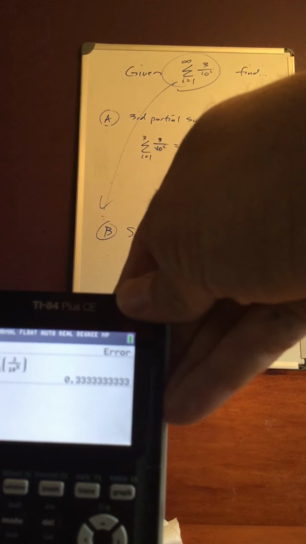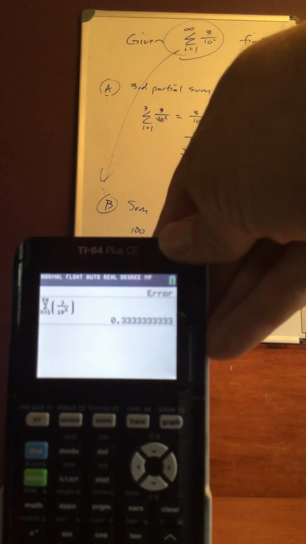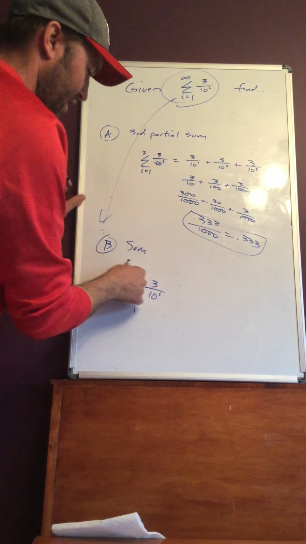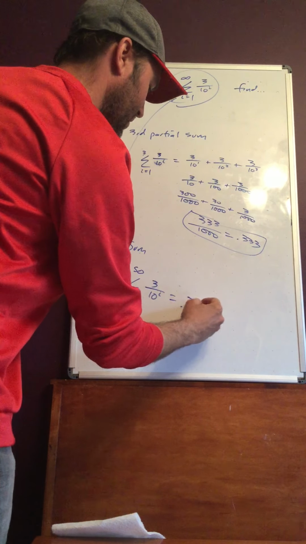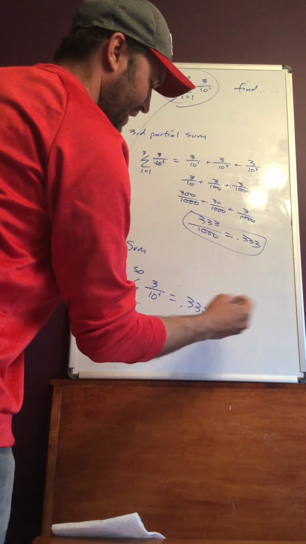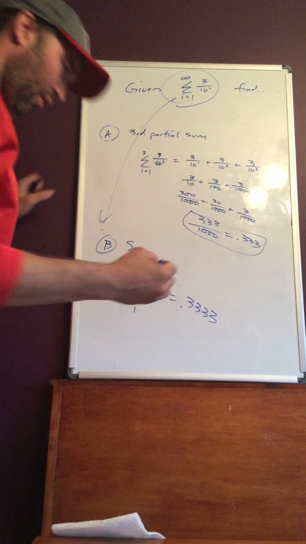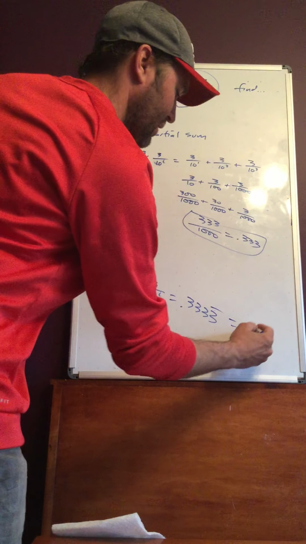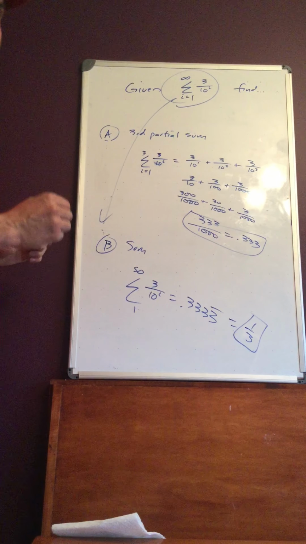Now when you hit enter, it gives us 0.33333333333. So we didn't use 100. Calculator said, I don't like you, that's too many. We got 0.3333. I think they had like 7 or 8 threes in a row. Well, hopefully that tells you that that's going to be 0.3 repeating, which is equal to exactly 1/3.